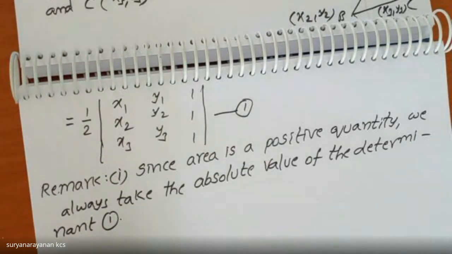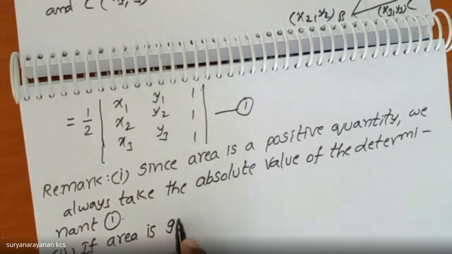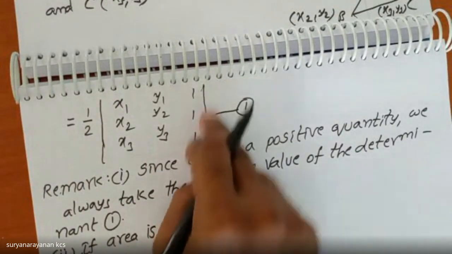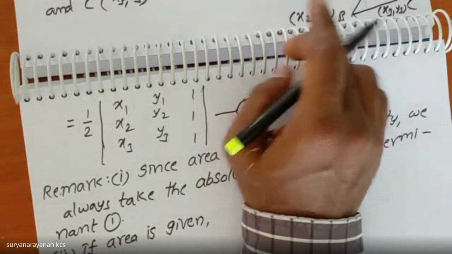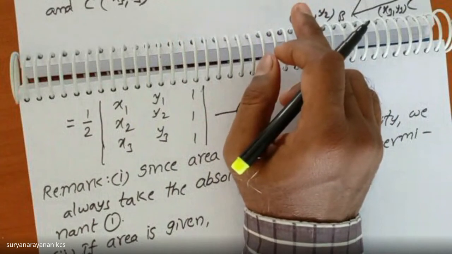And the second point: sometimes they will give the area of the triangle. If area is given, this is the second case. Sometimes they will give the area directly, but we have to find a coordinate x1, y1, x2, y2 or x3, y3. Any one coordinate will be missing.